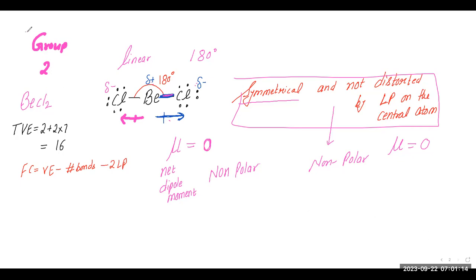We are working with group 2, children. I'm giving you different examples. We are writing the Lewis dot structure. We are checking the polarity of the bonds. We are checking EPA, electron pair arrangement. And here there is no lone pair. So what is the molecular geometry, children? What is the molecular geometry of this molecule? There is no lone pair. The molecular geometry is also linear.